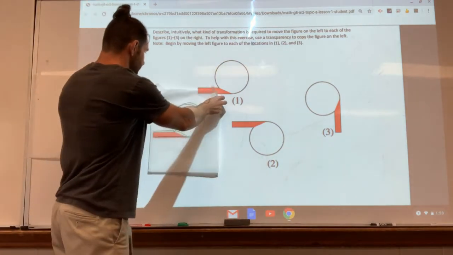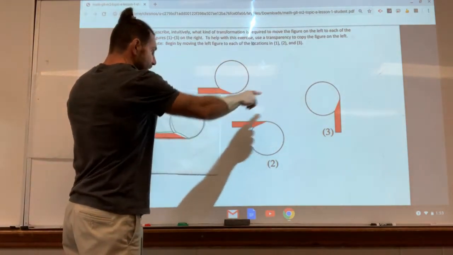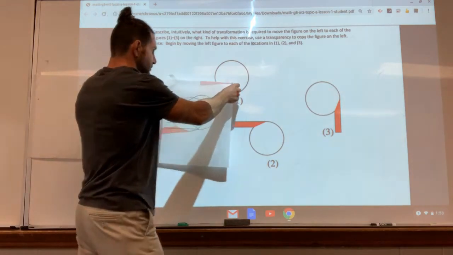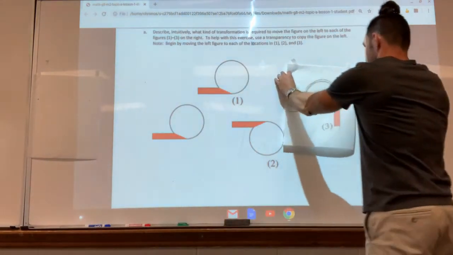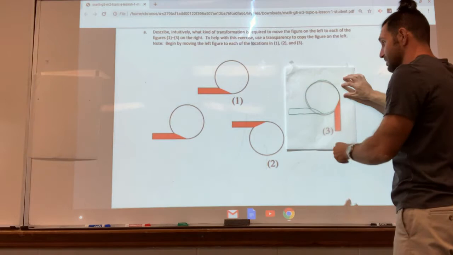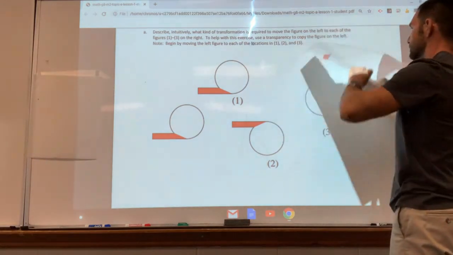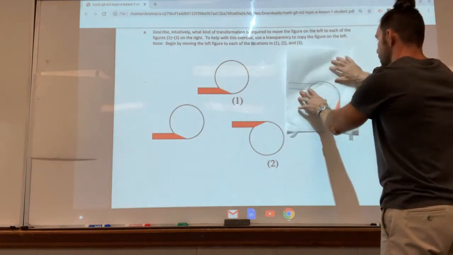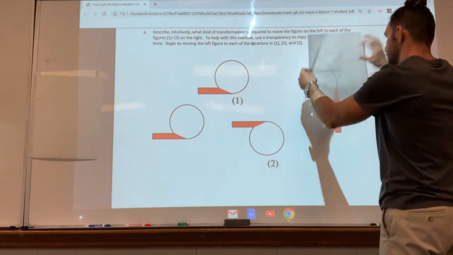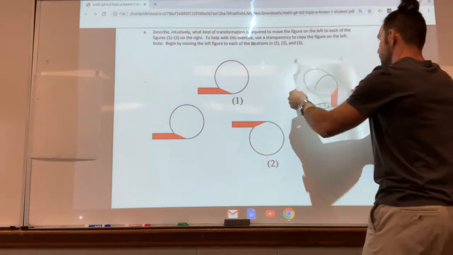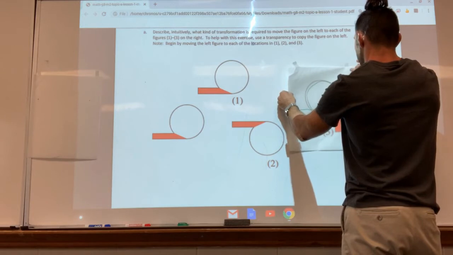Last but not least, how are we going to get from here to that guy? Well, it's not a translation because it wasn't a slide. It's not a reflection because it did not turn over. But here's where it started. Wait a minute.